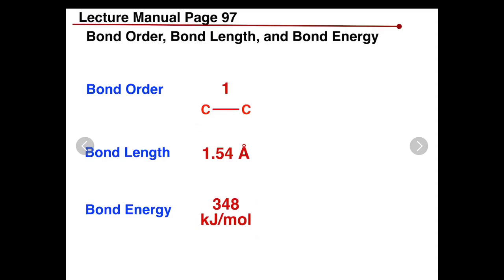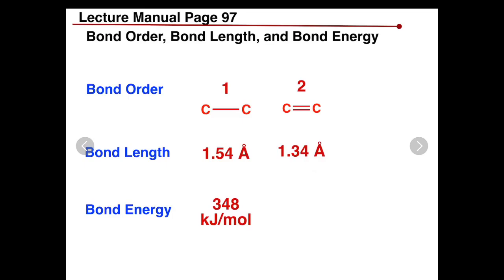If we talk about bond order 2, that would describe the double bond. Bond order pretty much describes the number of bonds. For the double bond, the bond length for carbon comes out to be 1.34 angstrom. Again, specific elements have different bond lengths, because as we saw earlier, different elements have different sizes.